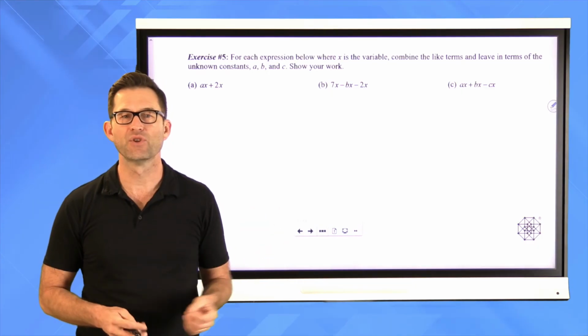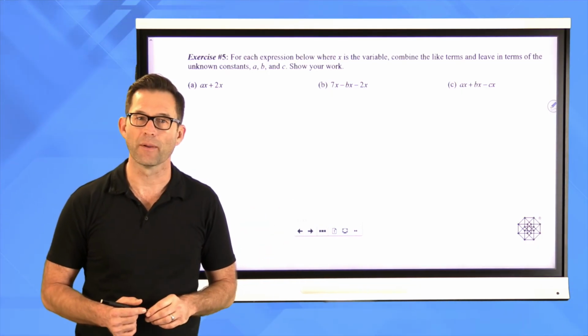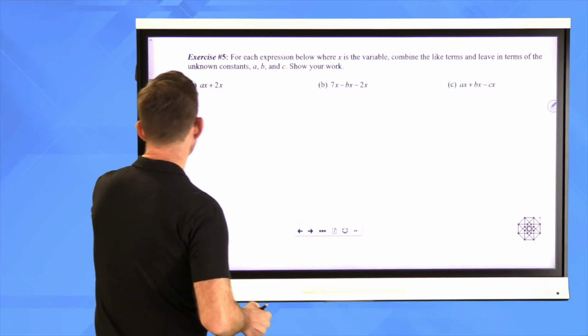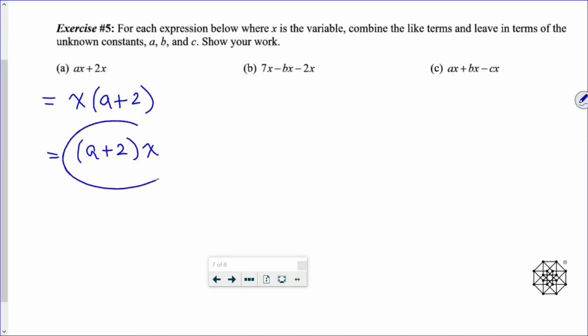But ax plus 2x is a bit more confusing, unless you use the approach we did in the last problem. In which case, you can factor an x out, and you get x times a plus 2, and then I'm going to rewrite that as a plus 2 times x.